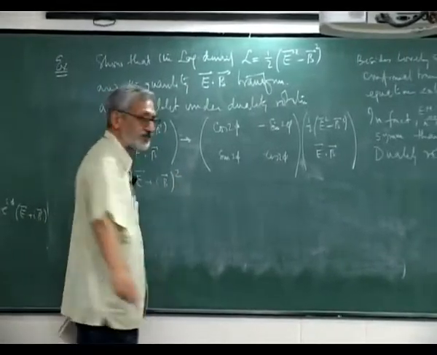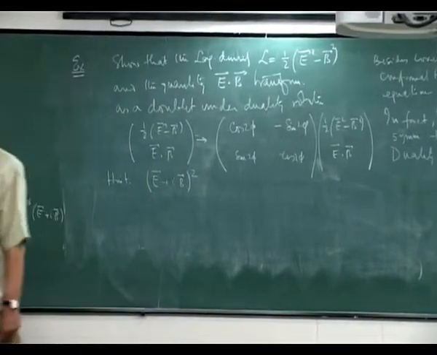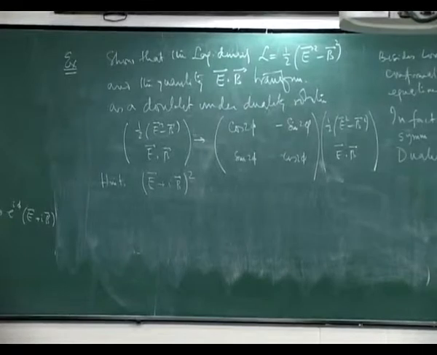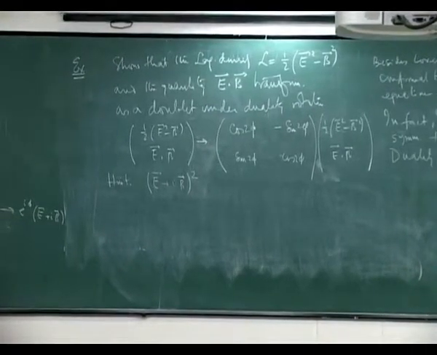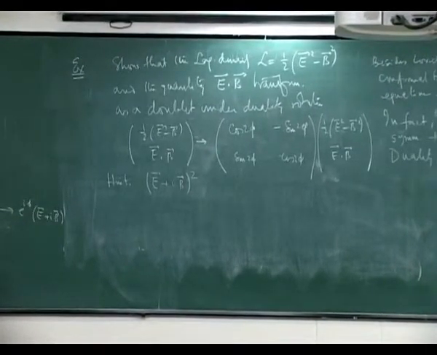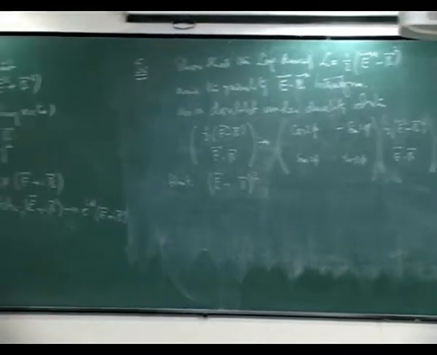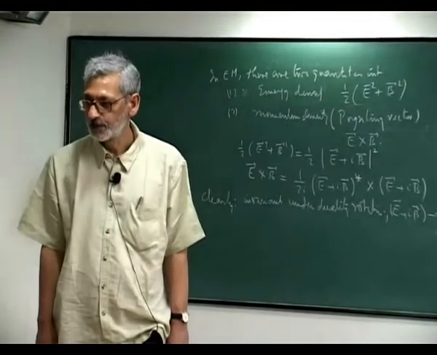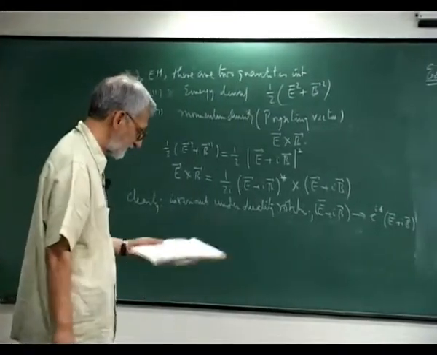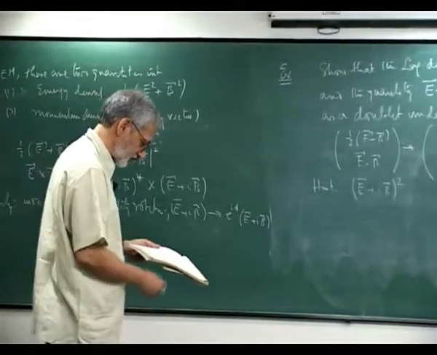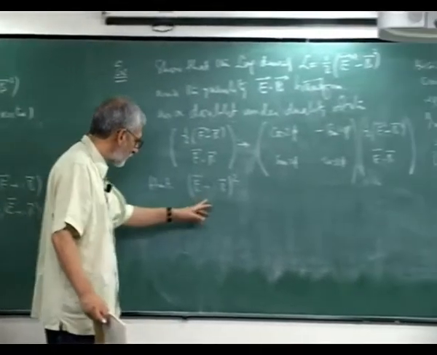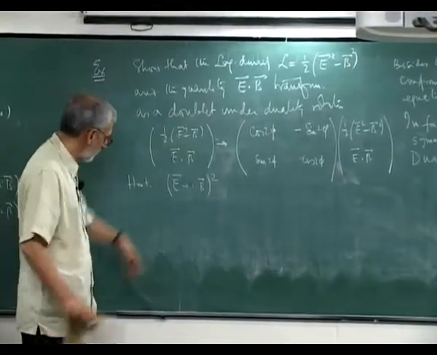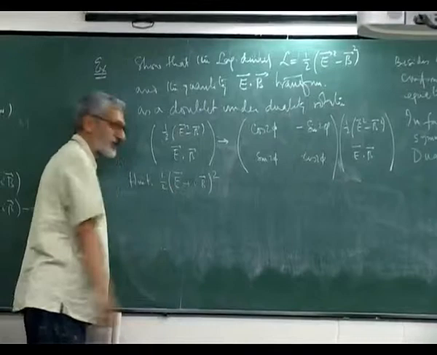Take the square of this and see how it transforms. And then see how the real component transforms and the imaginary component transforms. The real component of this object is the Lagrangian density and the imaginary component is E dot B. Clear? Its real component is twice the Lagrangian density, so maybe if you want you can take half of this.